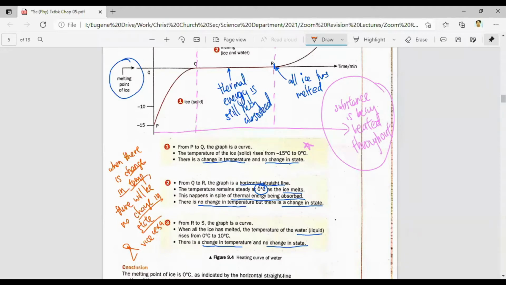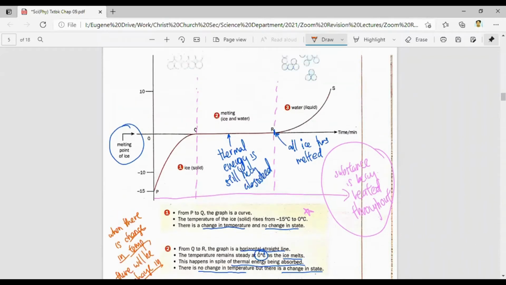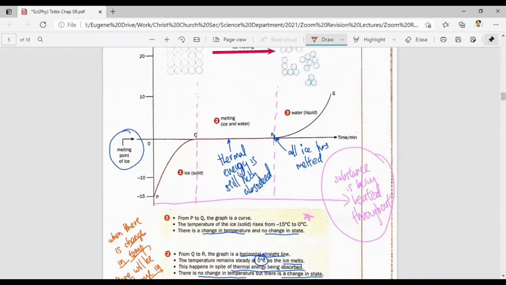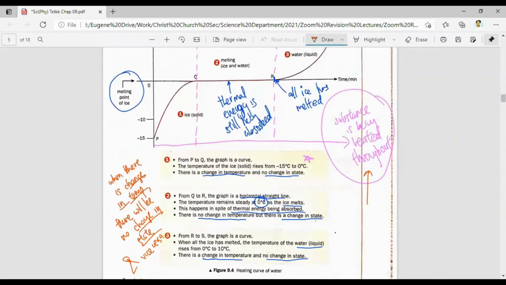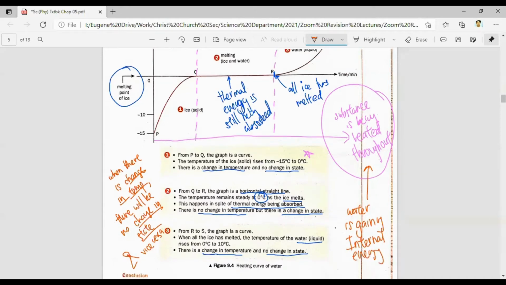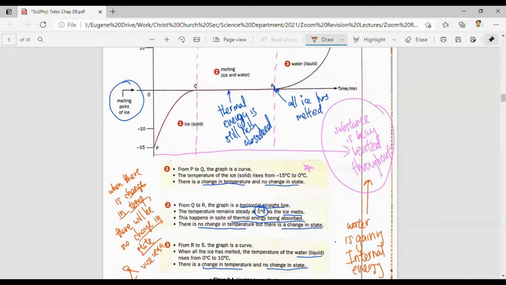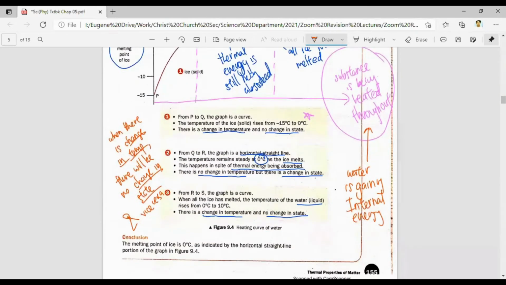So what exactly is happening? Throughout the whole thing, I just want to highlight here, the substance is heated throughout. So the water is gaining internal energy. Throughout the whole time when the water is being heated up, it is gaining internal energy. Two things can happen.